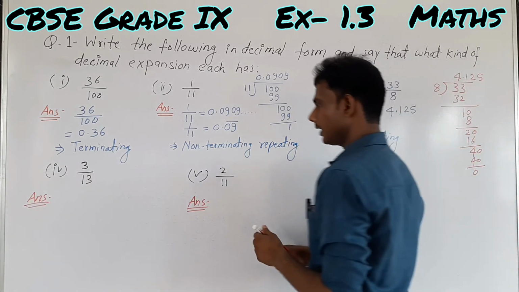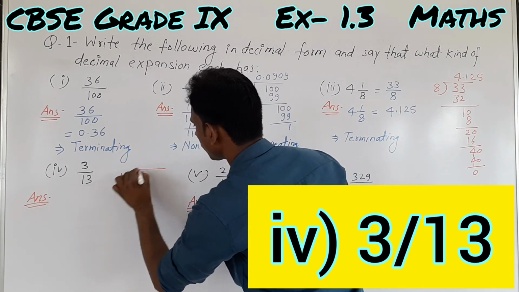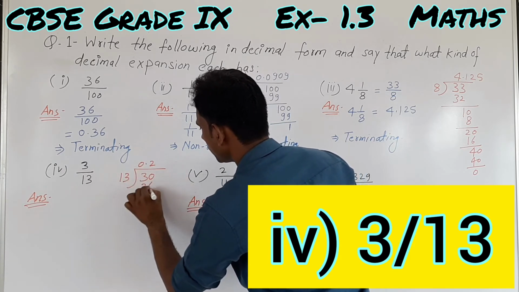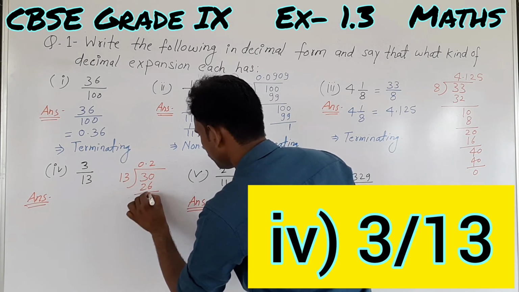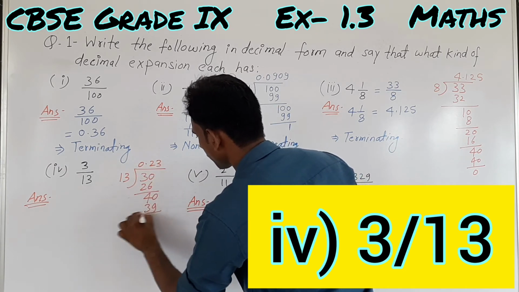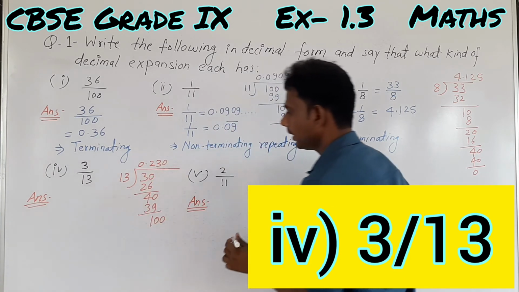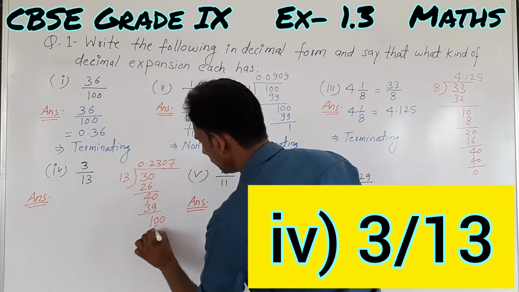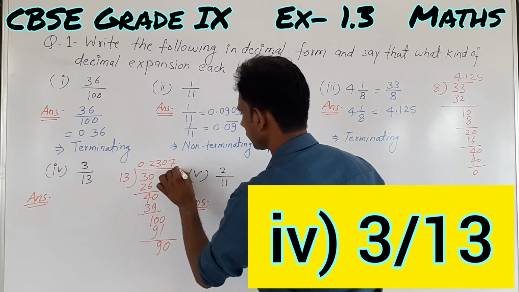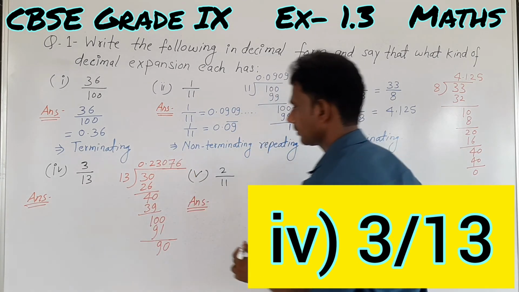Fourth part, 3 upon 13. 3 divided by 13. 0.0. 13 twos are 26. 30 minus 26 is 4, 40. 13 threes are 39. Remainder 1, 10. Again you write 0 here, 100. 13 sevens are 91. Remainder 9, 90. 13 sixes are 78.